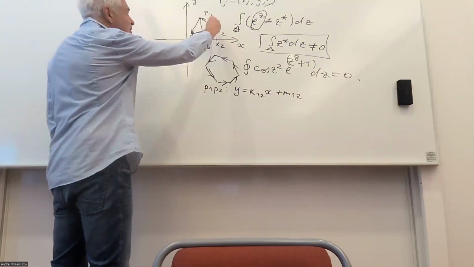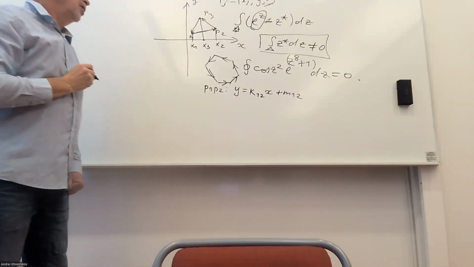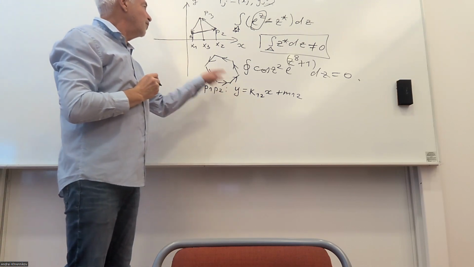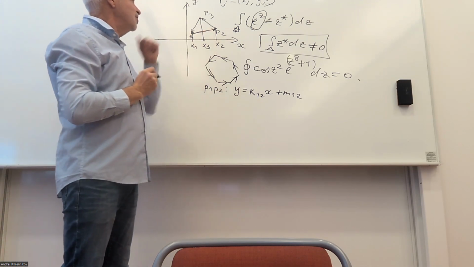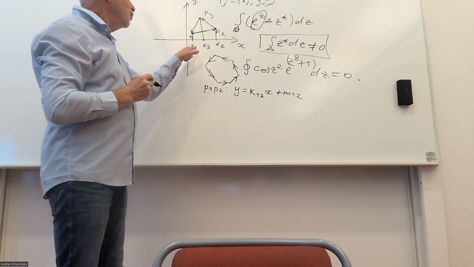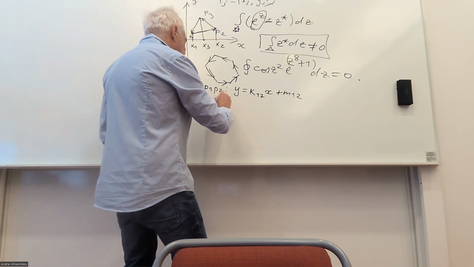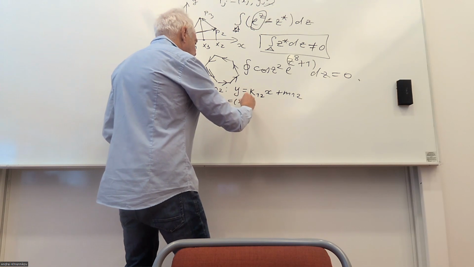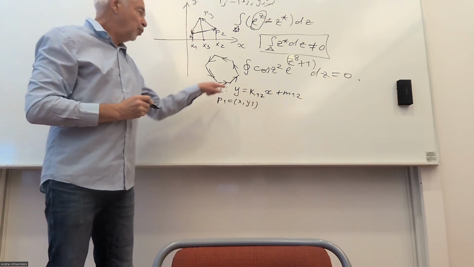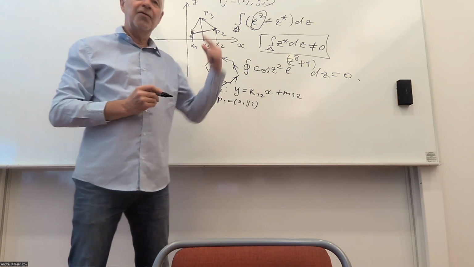The same you can write as an equation here and here. How to find the equation of a straight line connecting 2 points? You have the first point, P1, with coordinates x1, y1. Put them here. It's one equation.